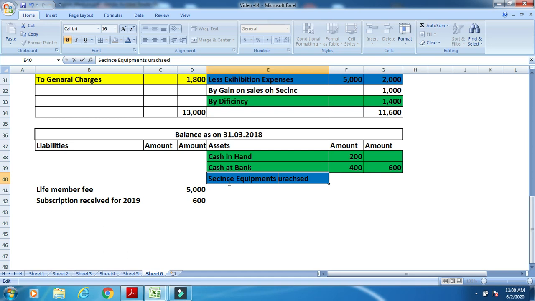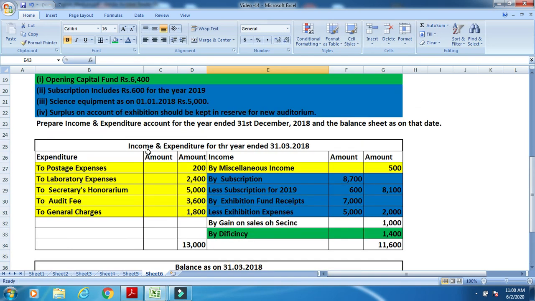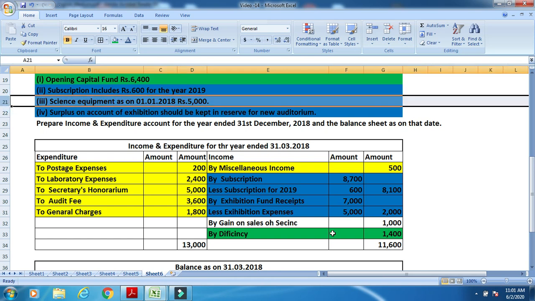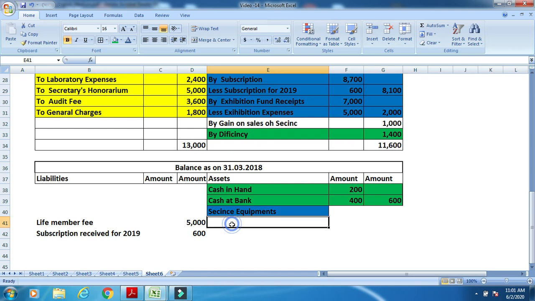In the adjustment they are given the opening balance. Go through the adjustment. Science equipment on 1-1-2018 means opening balance, the previous year's balance.